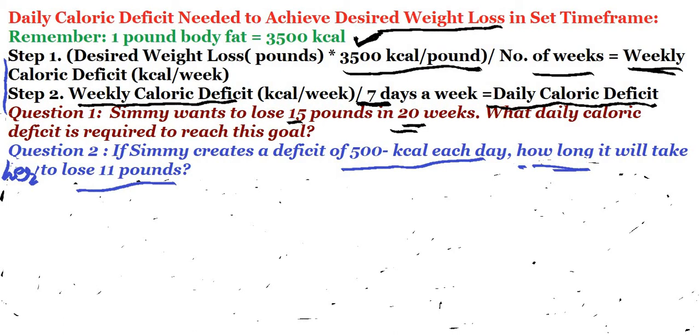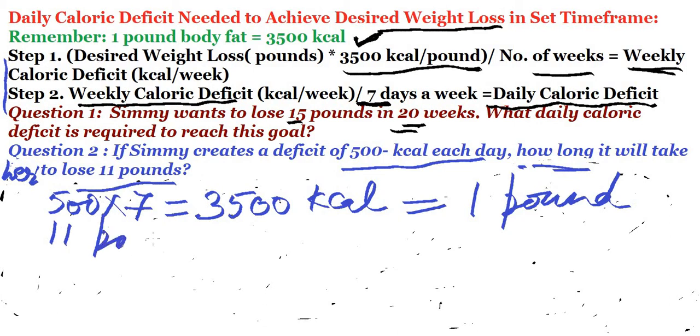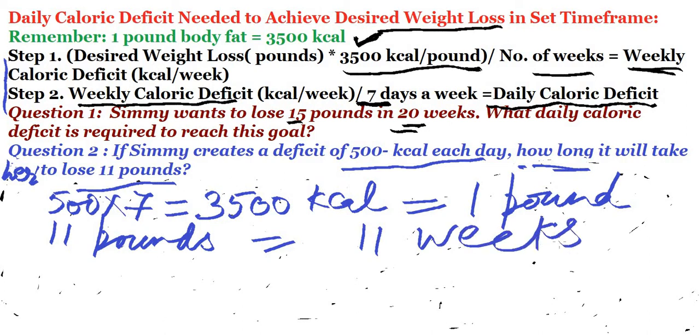Daily calorie deficit is 500, so in a week you will lose 3500 kilocalories, which is equivalent to 1 pound. How many pounds do I want to lose? 11 pounds. So the answer is 11 weeks. This is the easiest one.